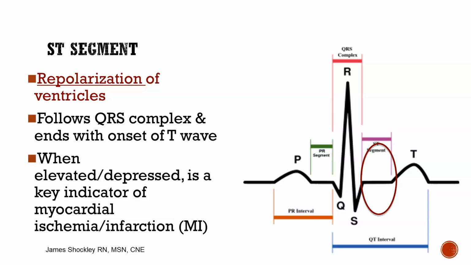Okay? When it's elevated, that's very bad. That's very acute. That is an ST elevated myocardial infarction. If it's depressed, it depends. Is it new or is it chronic? Most of the time, I would say ST depression is probably chronic. They have a bad pump, they have heart failure, they have a previous MI, whatever it may be. Now their pump just doesn't work quite as well as it used to.